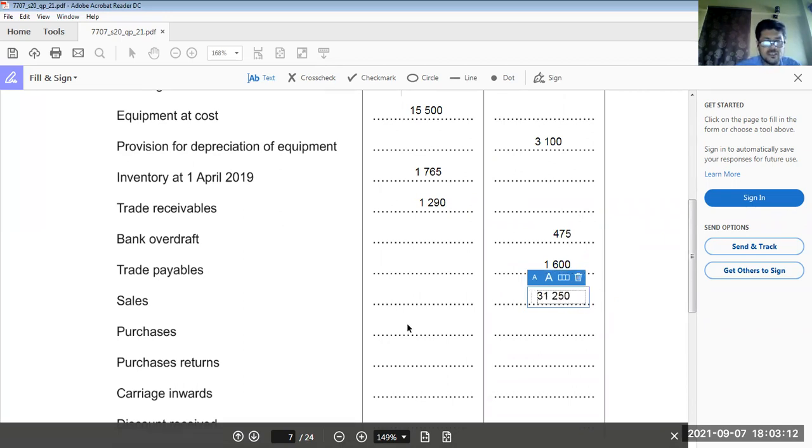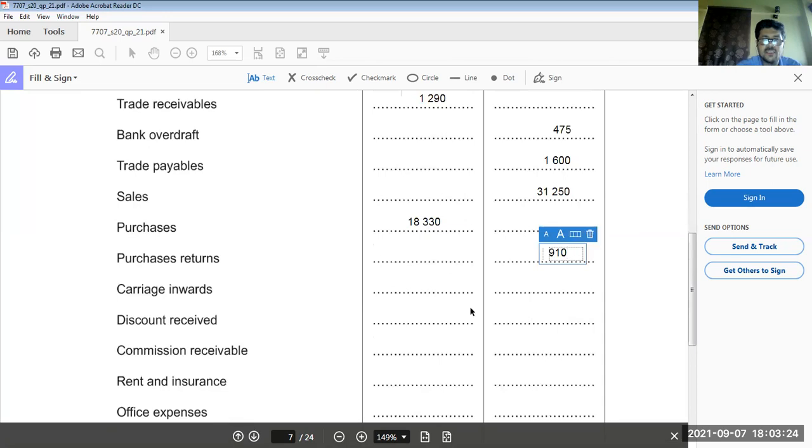Purchases always debit, 18,330. Purchase returns always credit, 910. Carriage inwards always debit, 640. Discount received always credit, 815.